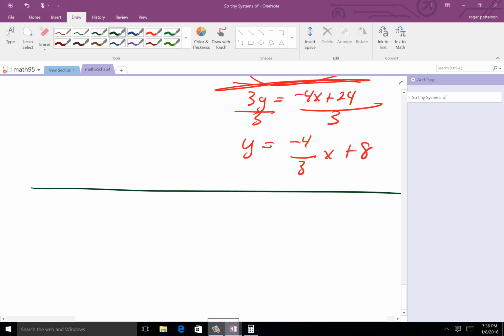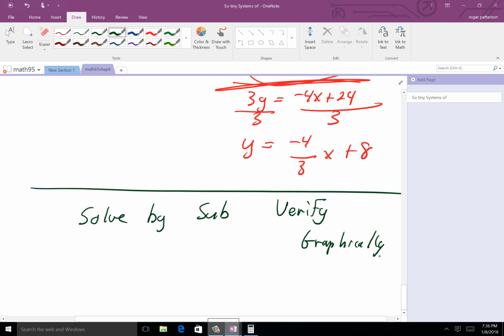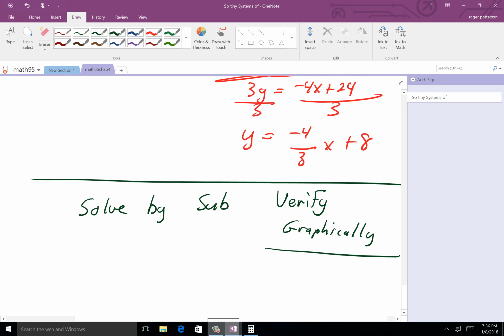I want you to solve these by substitution, and then I do want you to verify them graphically, hopefully using Desmos. If you don't have a smartphone, maybe the person next to you does, and you can use it.